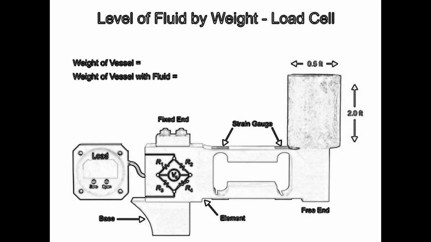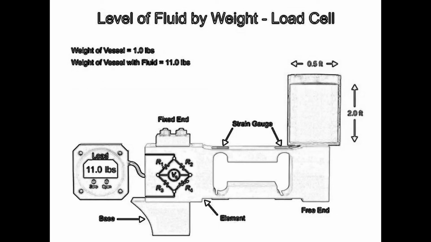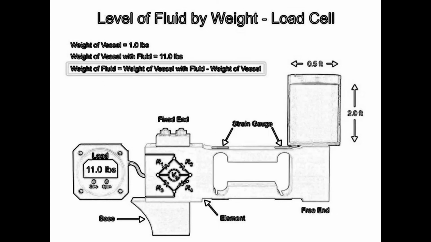The first step is measuring the weight of the vessel. Next, measure the weight of the vessel with fluid. The weight of the fluid is determined by subtracting the weight of the vessel from the weight of the vessel with fluid.